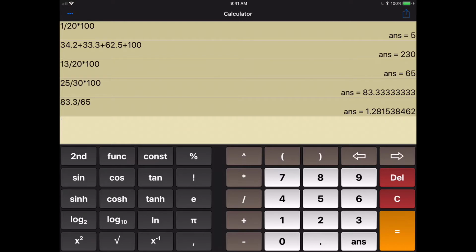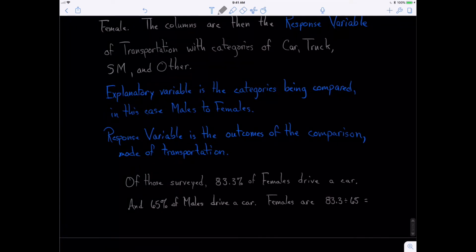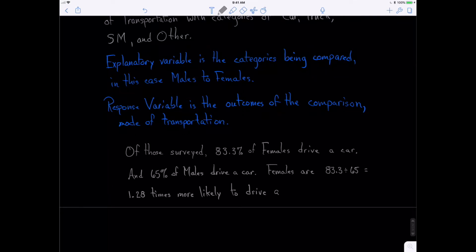We'll round to the nearest hundredth. So we say females are 1.28 times more likely to drive a car than males.